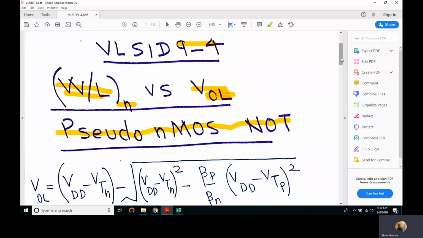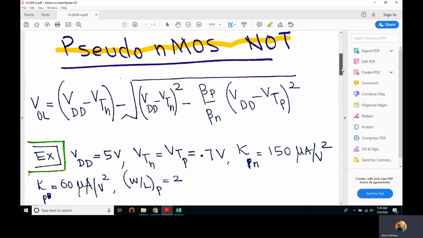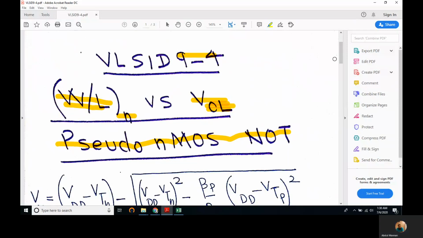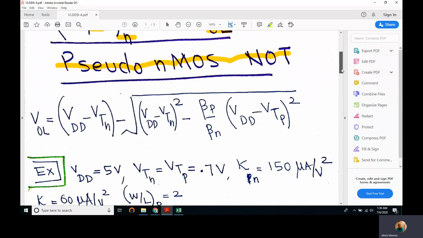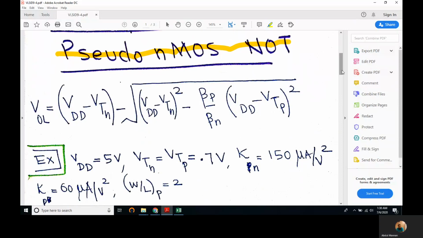Right. We have studied that VOL expression in lecture 9.1 for a pseudo nMOS node. This is the power supply voltage, the threshold voltage for nMOS.